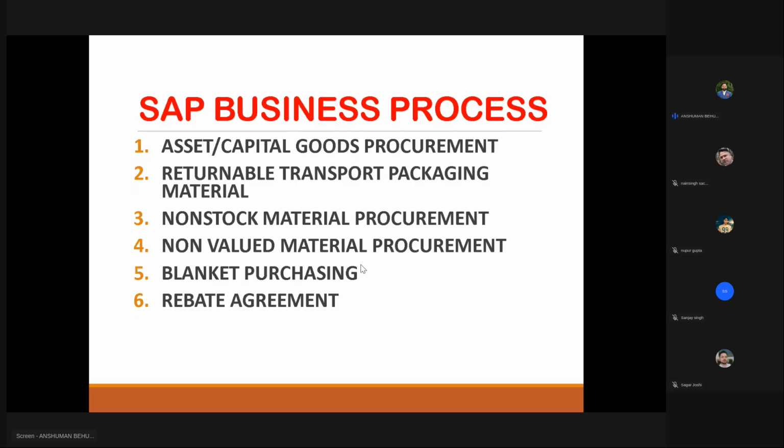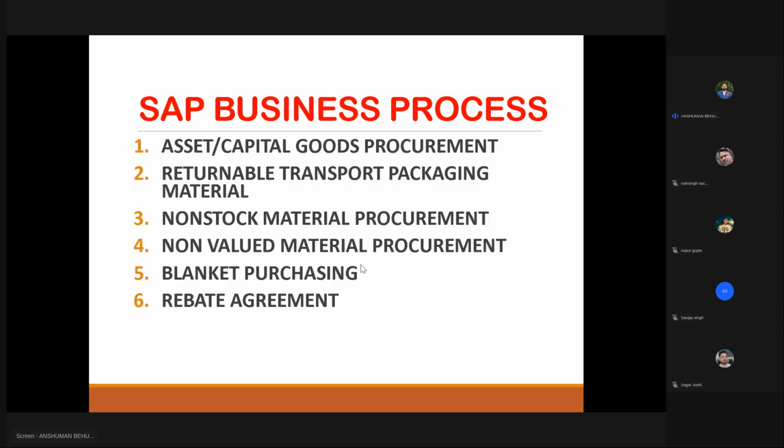Once your gas is finished, you have to return that packaging material, the cylinder, to the supplier, so that they can give you a new gas cylinder, or provide you the next gas. So that is basically called returnable transport packaging.